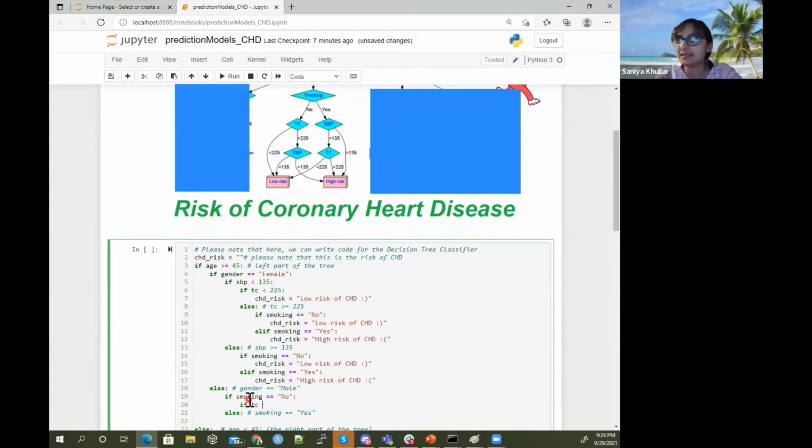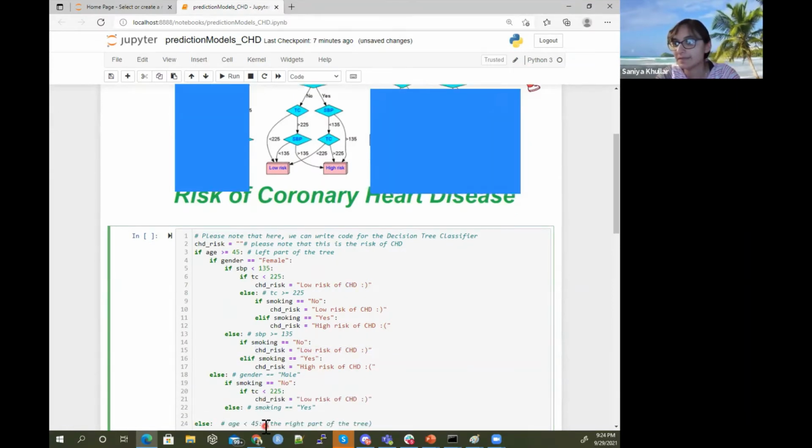If TC is less than 225, so smoking is no, then we are at low risk of CHD. Else, if TC is greater than or equal to 225, then we check systolic blood pressure next.